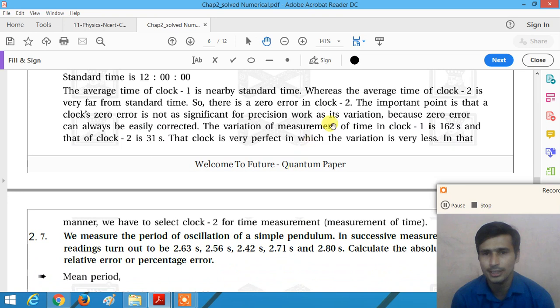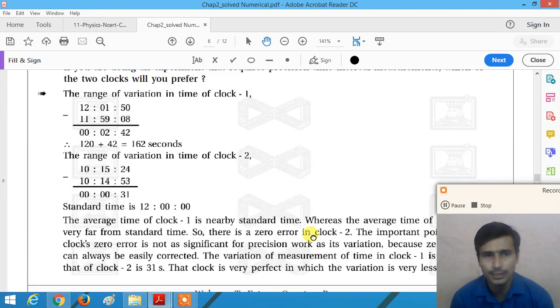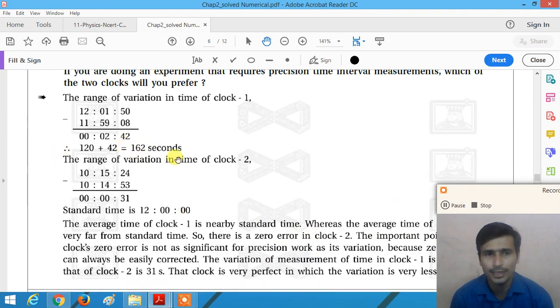So the variation of the measurement of clock 1 is 162 seconds, and that of clock 2 is 31 seconds. The clock in which the variation is very small is the more precise one. From Monday to Wednesday, the variation is 162 seconds in the first clock and 31 seconds in the second clock.